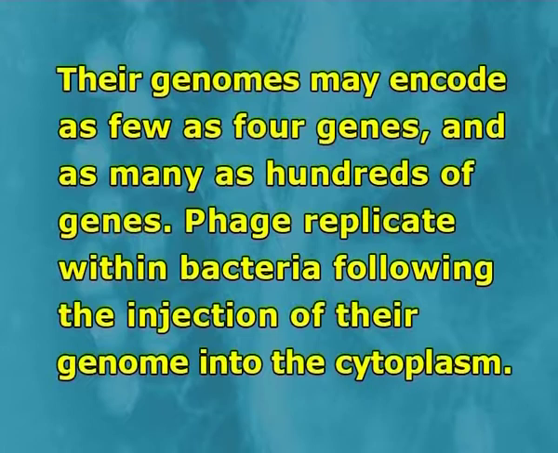Phage replicate within bacteria following the injection of their genome into the cytoplasm. Bacteriophage are among the most common and diverse entities in the biosphere. Phages are widely distributed in locations populated by bacterial hosts such as soil or the intestines of animals.